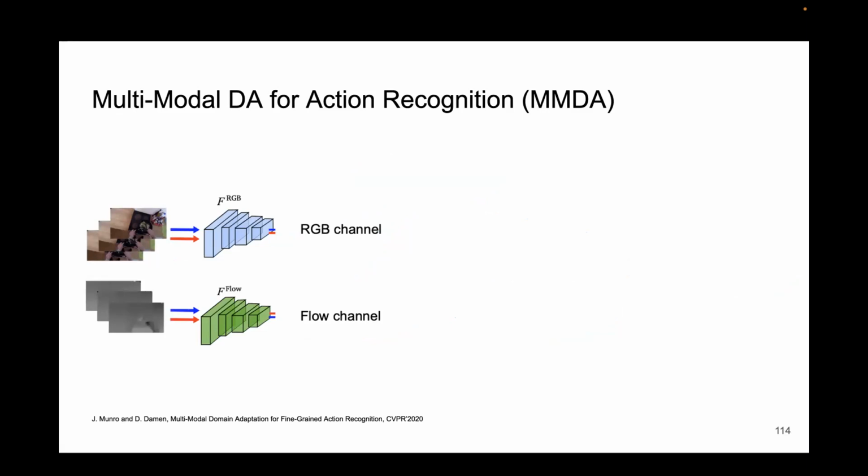Let's go directly into their general framework. From the setting, they assume there is multimodality, as the name multi-modal suggests. One is the RGB channel, the well-known image channel. The second modality is the flow channel, where they pre-extract flow and motion information as a second input channel.